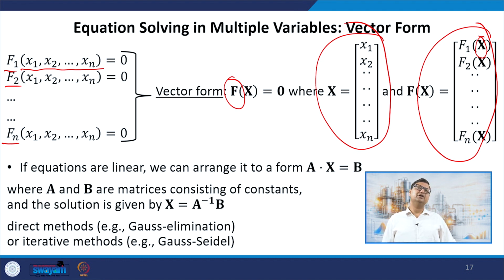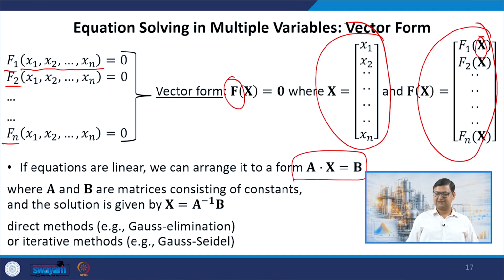And now, if the equations happen to be linear, it can be shown that this can be written in the form A dot x equal to b, where A and b are constant matrices. It only contains constant values, right?